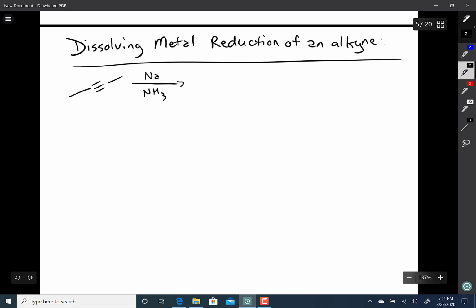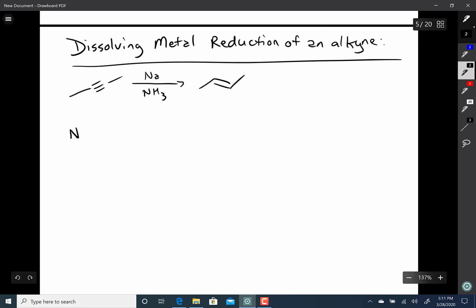Now, it's called the dissolving metal reaction because that's what you do. You take a solution of ammonia, and you add solid metal to it, in this case sodium.